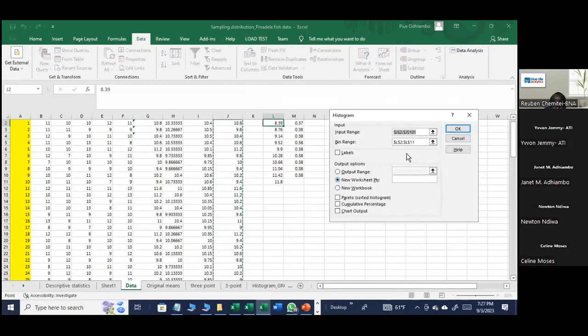Okay. Then I input the range, and then I input the pin range. It is giving me the values there, but okay.